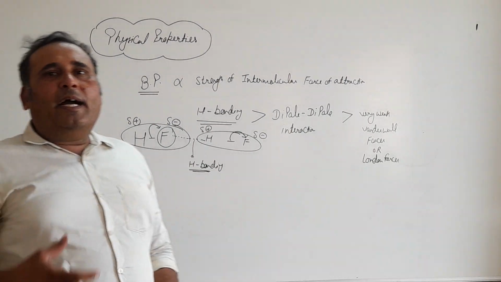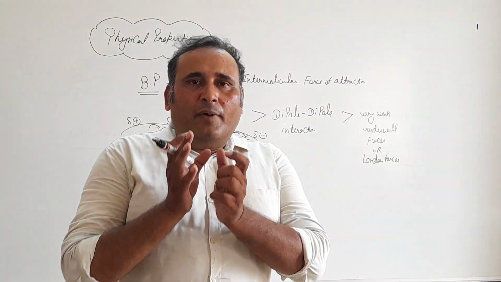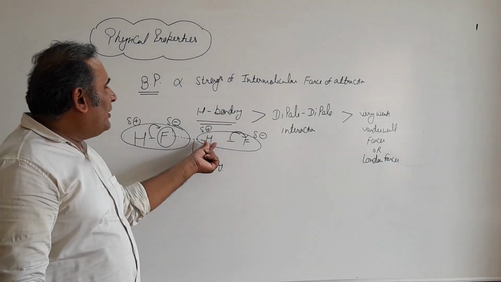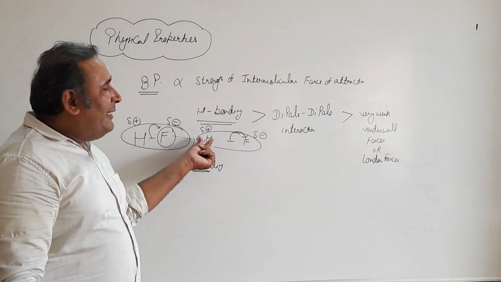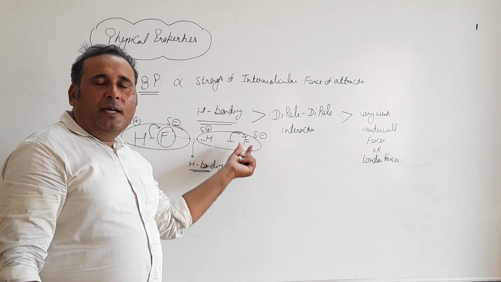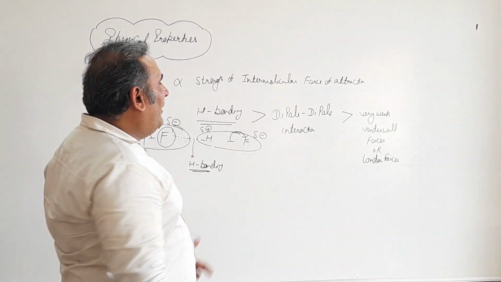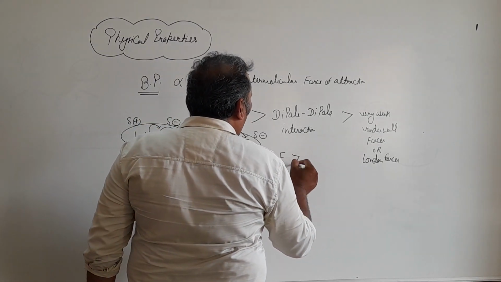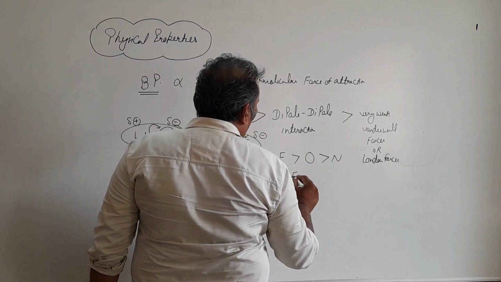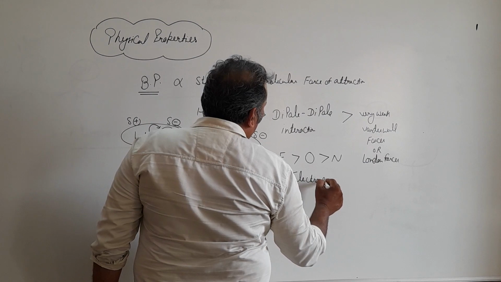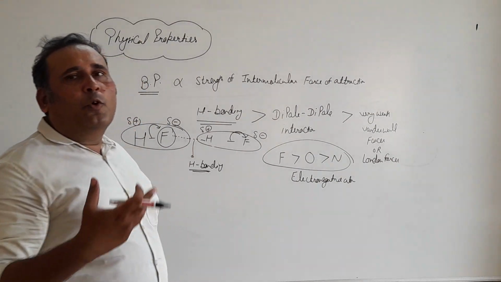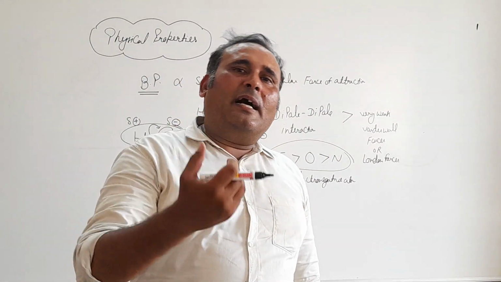So simply we can say hydrogen bonding is possible when in one molecule there is an electronegative atom and in the second molecule there is a hydrogen atom, but the condition is that the hydrogen atom should be bonded with an electronegative atom. In organic chemistry we consider three atoms as very electronegative: F, O and N. The electronegativity of fluorine is more than oxygen, then nitrogen.